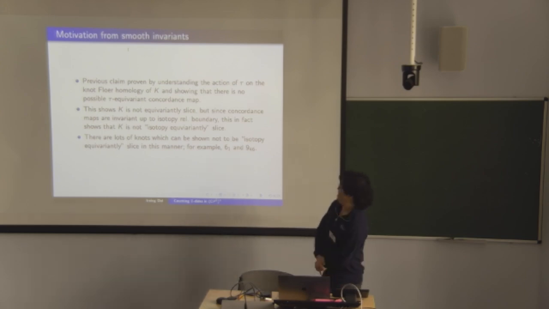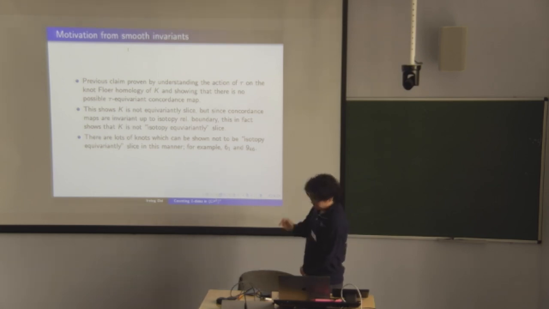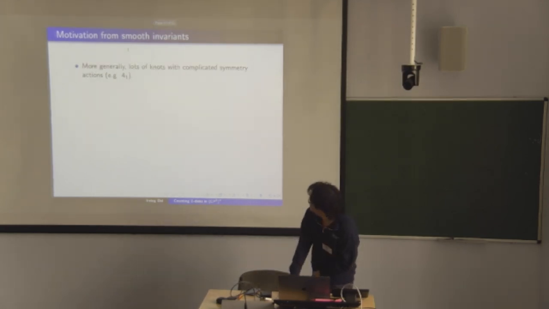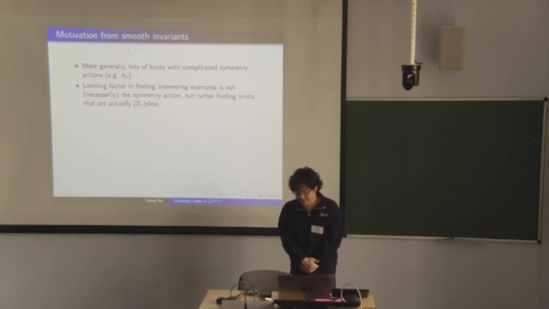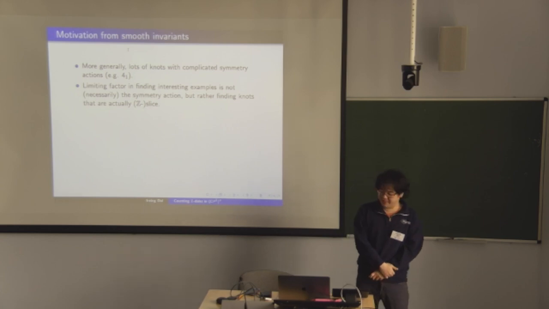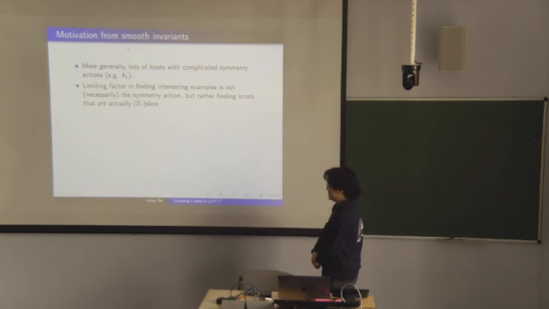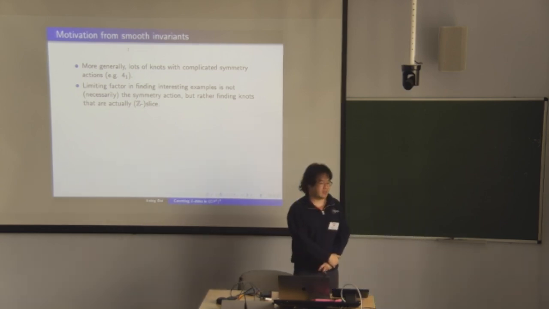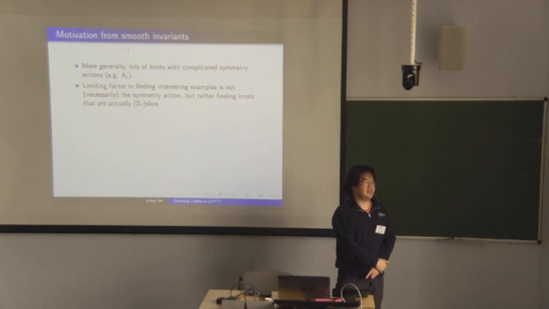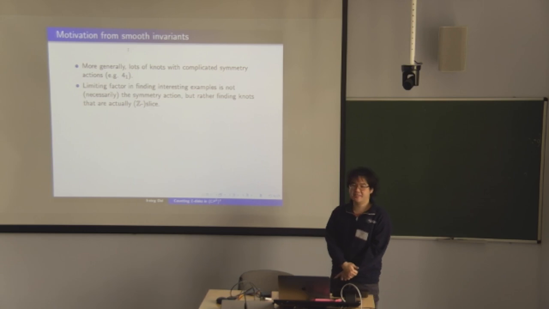And what is the point? Well, there are two points. The first is that, to produce an interesting example of exotica, the limiting factor is not the invariant that tells you when the slice disks are not smoothly isotopic. That's actually very common.